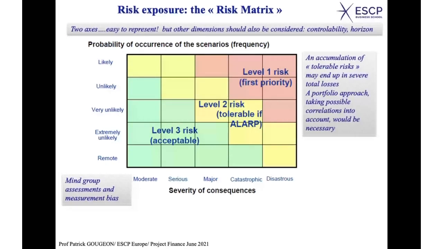But if you have one of these risks, it's okay, you can survive with it, you can handle it. But what if you have several of these? What if there is a kind of correlation effect? Meaning that when a risk occurs, usually it may have an impact on other things, with other risks occurring, okay? A kind of contamination impact, okay? Well, this map doesn't show this because it doesn't take into account the possible negative correlations.